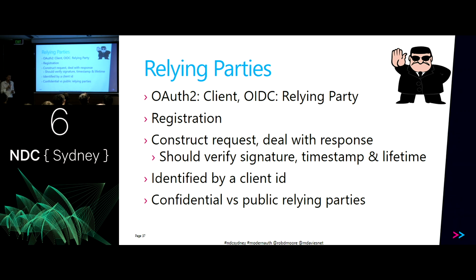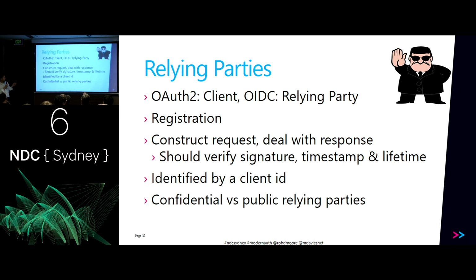So it needs to know, for instance, the public key of the certificate that's being used to sign the JWT so it can do token validation. It needs to know a bunch of URLs so it knows how and where to talk to that identity provider. And then on the other side of things, the identity provider itself also needs to know about the relying party so that when it gets a request from that relying party, it knows that it can trust it. It's not some random app trying to hack in.